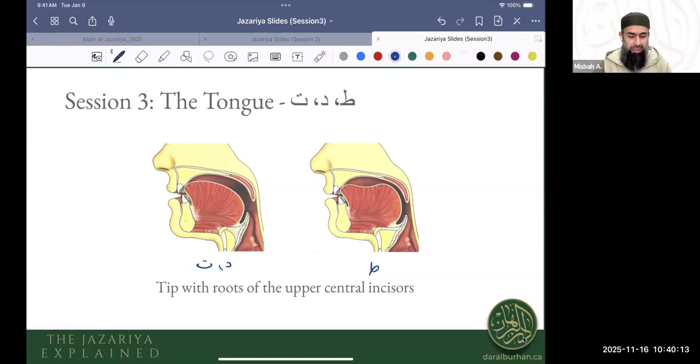How do you distinguish between dal and ta? For that, we have to study sifat, okay? And then you'll be able to distinguish them, and be able to describe really how do you differentiate them, because they come from the same exact place. Ad and at, ad, and out. They all come from the same place. Tip of the tongue, the roots of the upper central incisors.